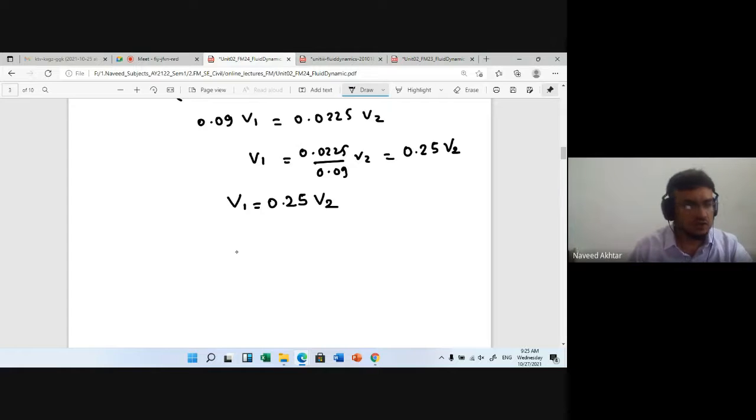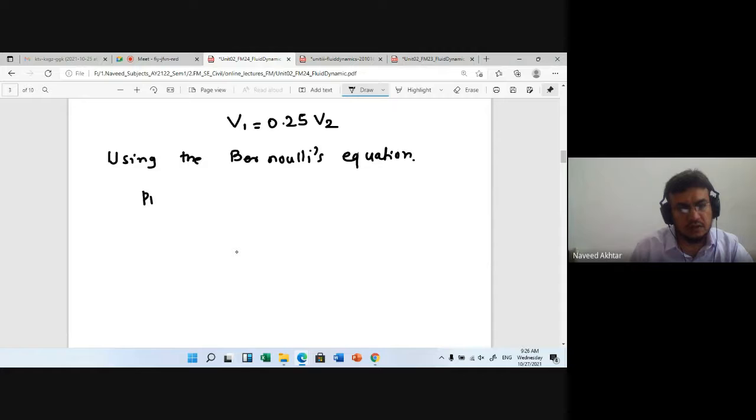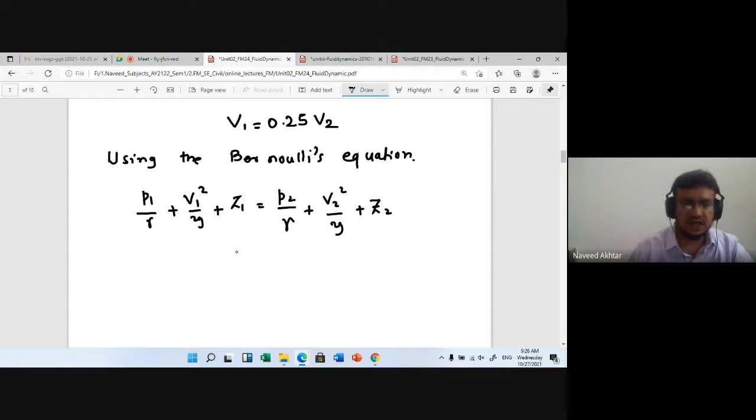Okay, now using the Bernoulli equation, you know that P1 upon gamma plus V1 square upon 2g plus Z1 is equal to P2 upon gamma plus V2 square by 2g plus Z2 and head loss.